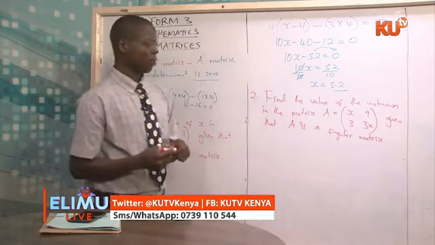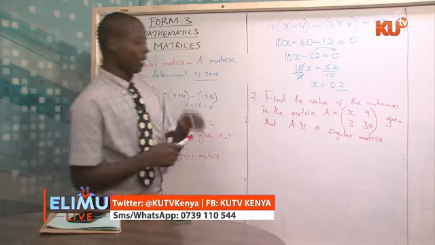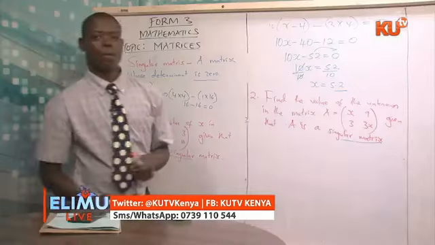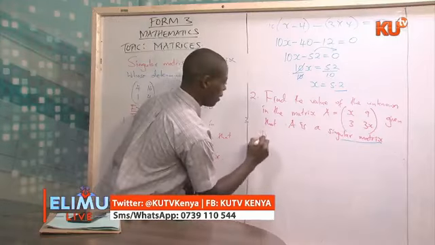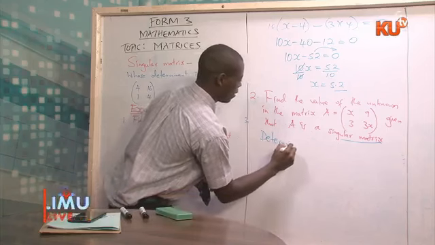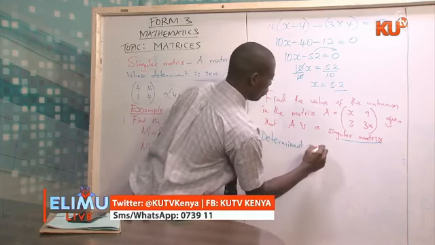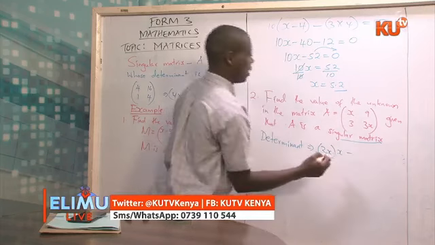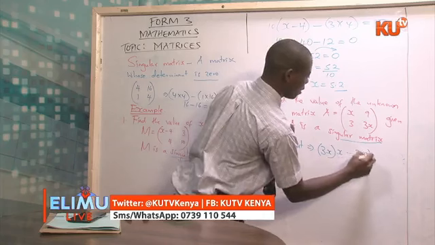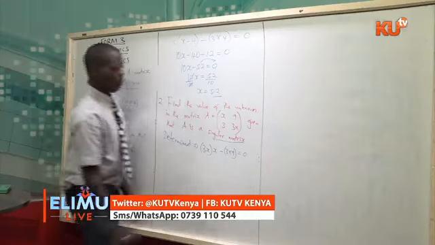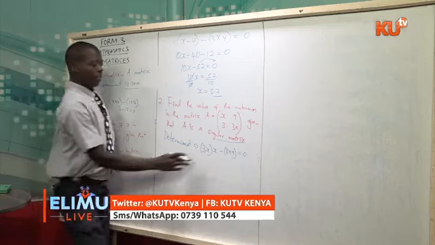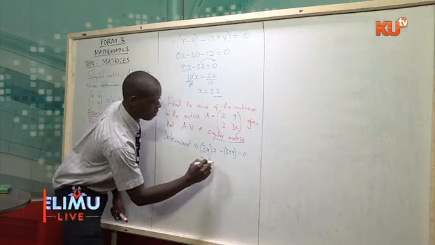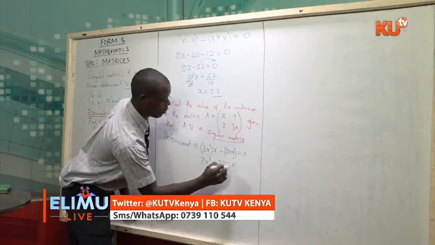So where do we start, students? We start with the fact that we are talking of singular matrices whose determinant is 0. So what will be our determinant? Our determinant will be equal to 3x times x minus 3 times 9, and this should be equal to 0. 3x times x is 3x squared, minus 27 is equal to 0.